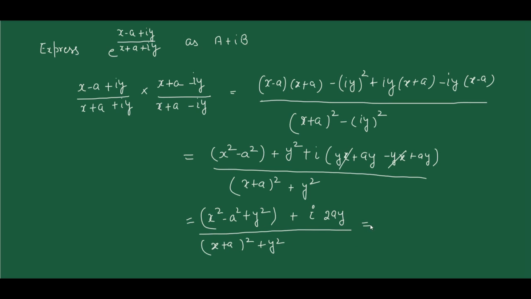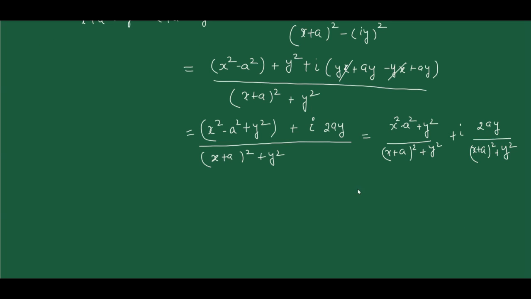So you can write this as x square minus a square plus y square divided by this quantity x plus a whole square plus y square, plus iota times 2ay divided by this quantity x plus a whole square plus y square.